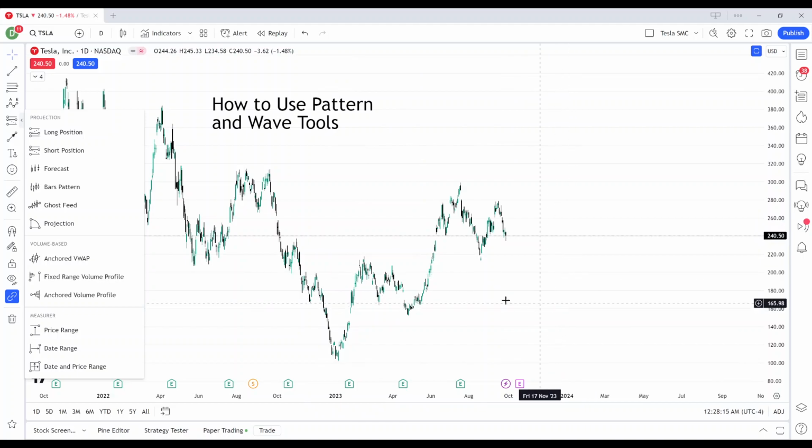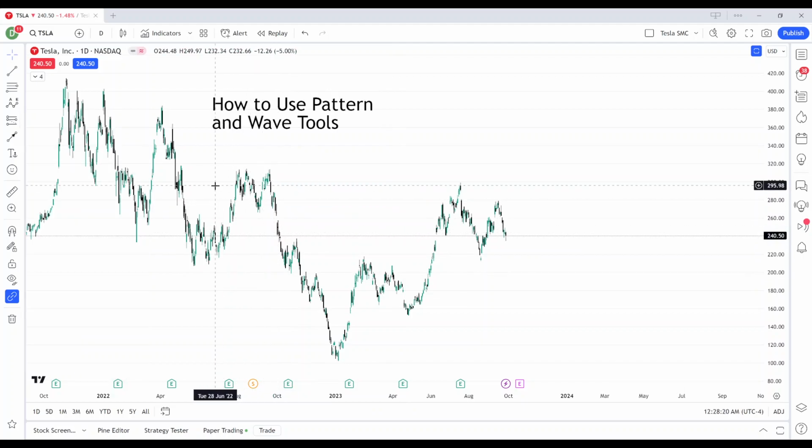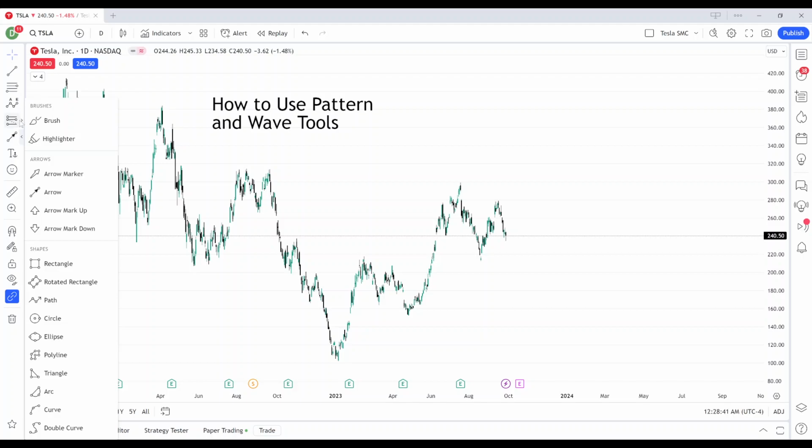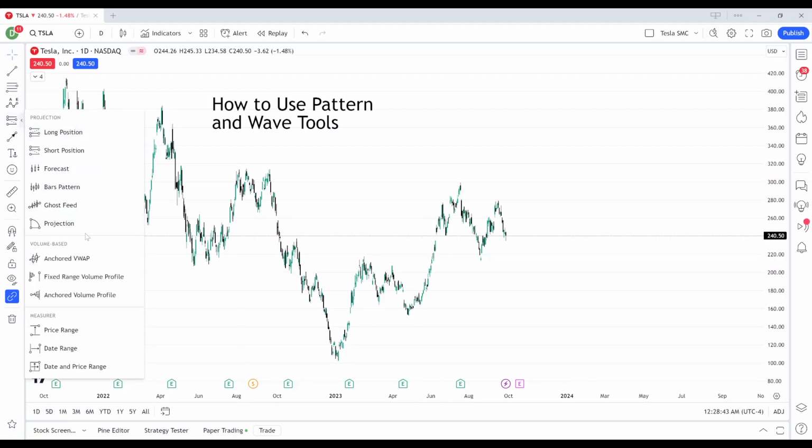You can move them around to see what it would look like if maybe you identify a pattern that you've seen these candles play out before, and you expect them to play out again, or maybe structure looks the same as it currently looks, so you're looking at the movement that happens after that, and then you project it out here. And so different things that you can use as far as these projection tools, and you can also do some fixed range volumes, anchored profiles, right? So different things. Going to continue to show you how to use those tools.